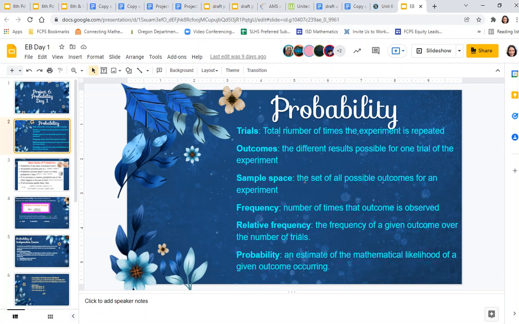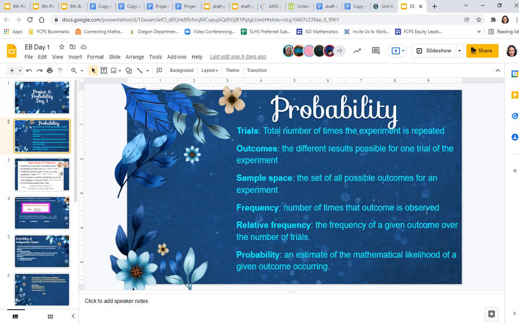Sample space is the set of all possible outcomes for an experiment. So if you did an experiment where you were throwing a coin 3 times to see how many heads you got, then your sample space might include things like heads, heads, heads, heads, heads, tails. Your sample space would be like a list of all the possibilities.